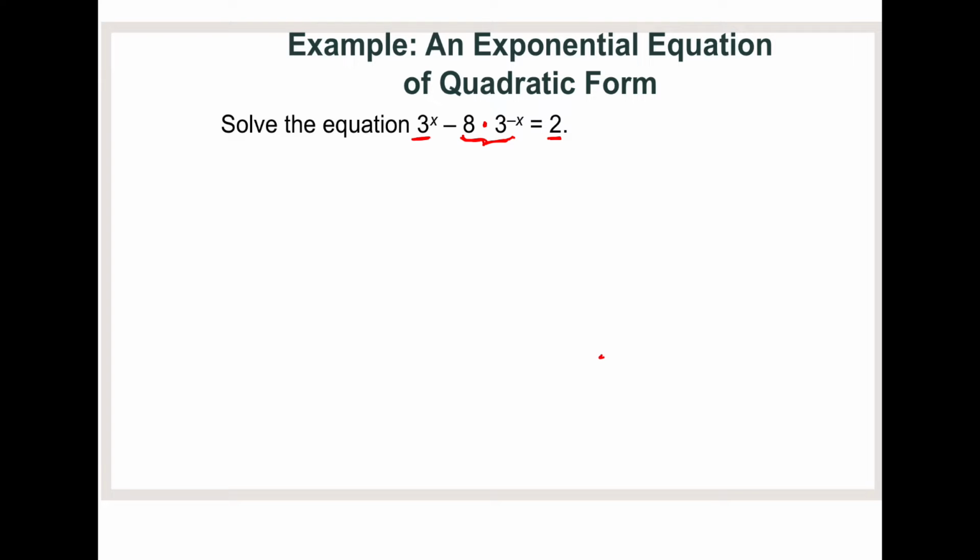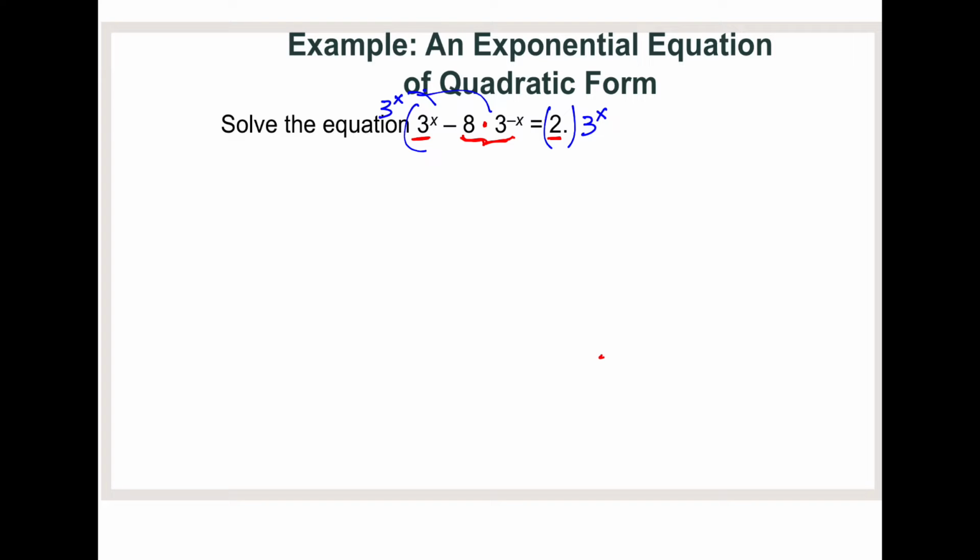But if I multiply through by another 3 to the x, so I multiply both sides by 3 to the x. I'm sorry, not e, I meant 3 to the x. So I'm going back to the previous problem. I want you to see what happens. This gets distributed.